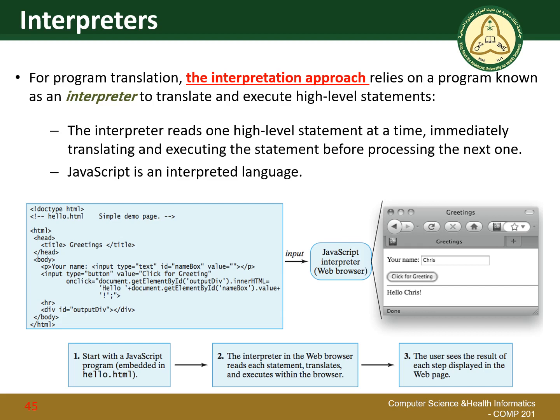JavaScript is an example of an interpreted language, mainly used to design web pages and web services. Every time you open a web page written in JavaScript, it will be interpreted statement by statement within your browser. So the overall translation time is very large.